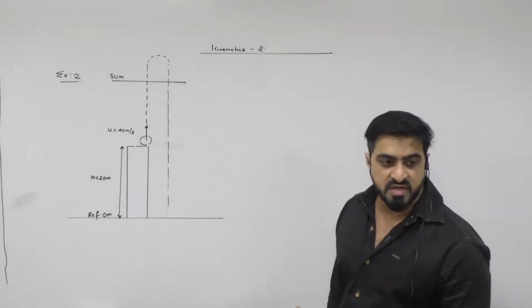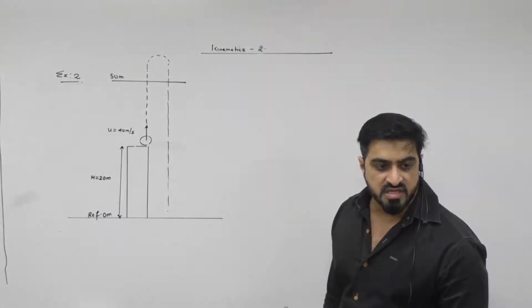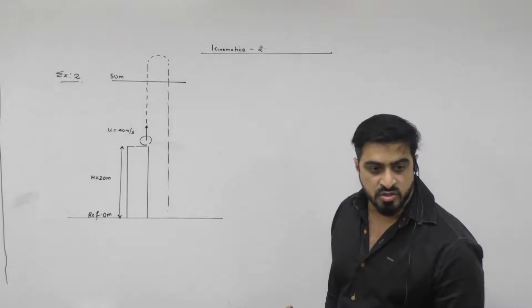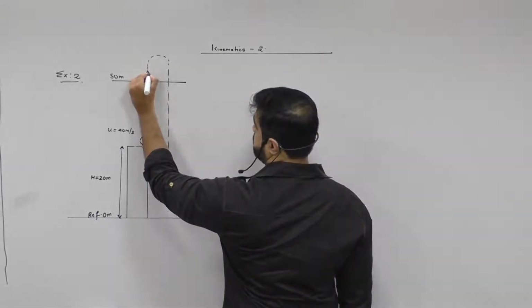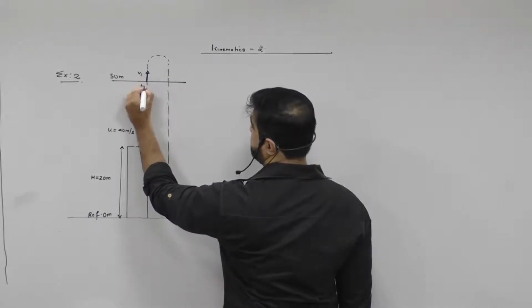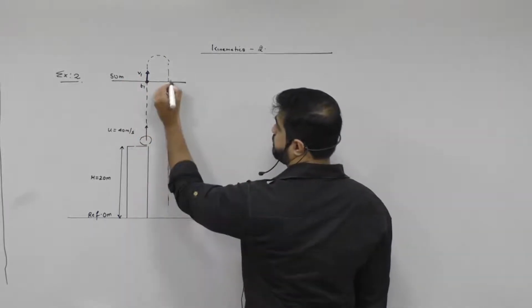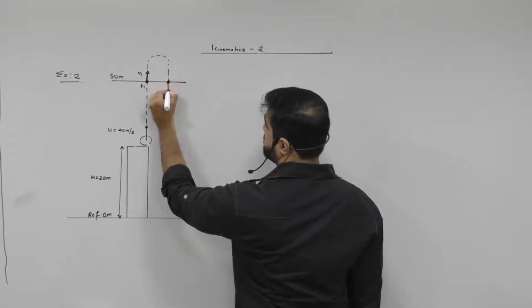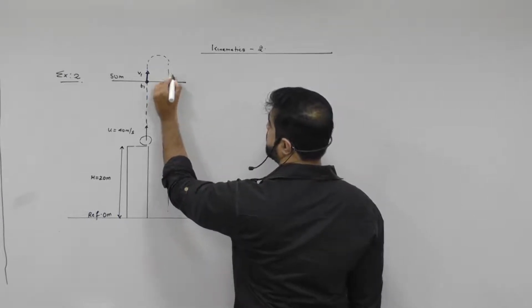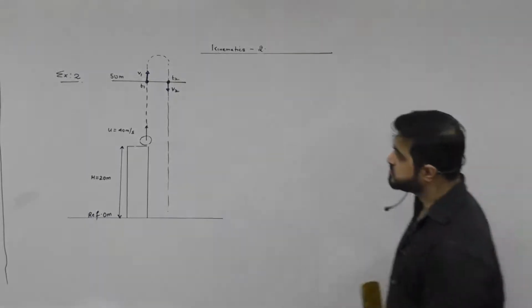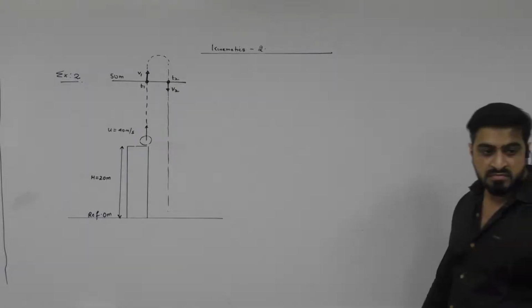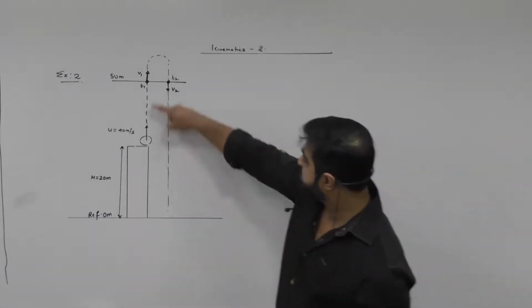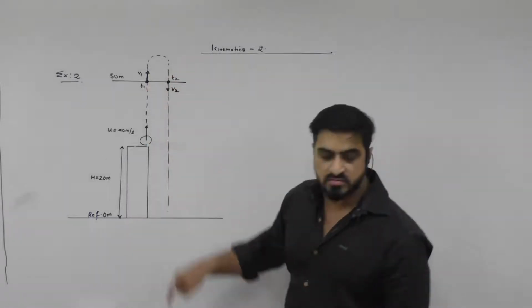So can anyone tell me how many times will it pass by 50 meter from the ground? 2 times. This time the velocity is v1 and the time is t1. And this velocity while going down is v2 and the time over here is t2. So I have to find v1, v2 and t1, t2. And always remember that t2 is bigger and t1 is smaller. It will be like this.